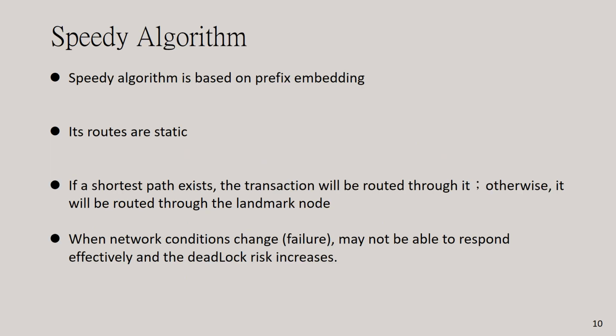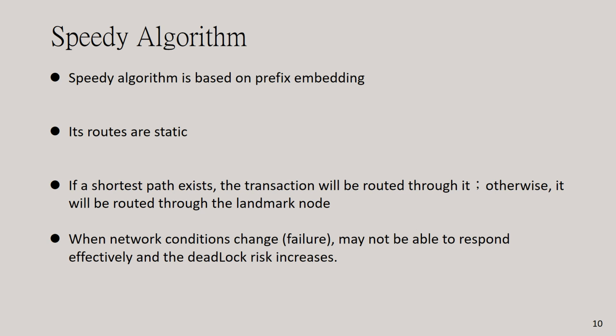SpeedyMurmurs algorithm. The algorithm uses prefix embedding routing technology. The routing is static, meaning once the path is selected, it does not adjust dynamically based on changes in the network condition. If a shortest path exists, the transaction will follow it.